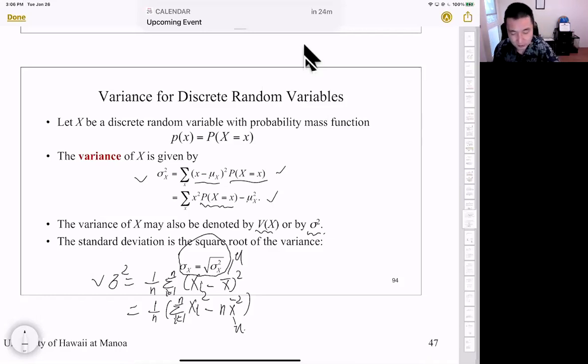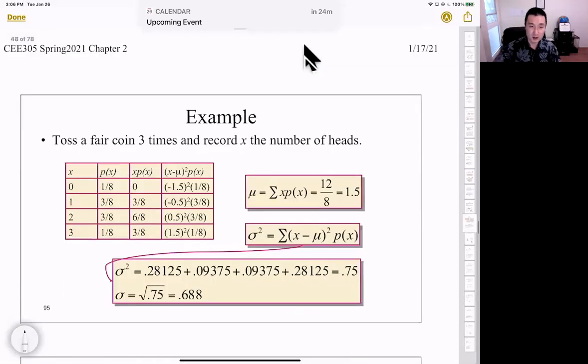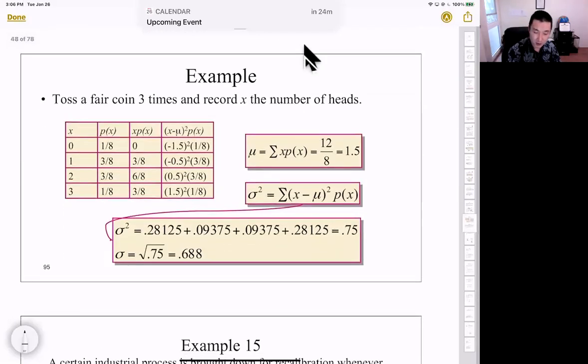Then let's do an example here. This is the question: toss a coin 3 times, number of heads. All the possible values are here: 0, 1, 2, 3. P(x) is the probability for each outcome.